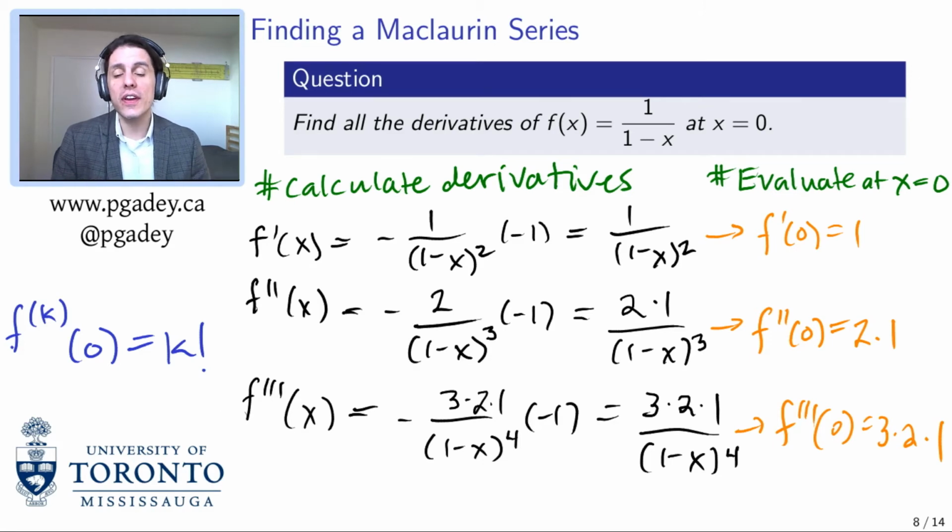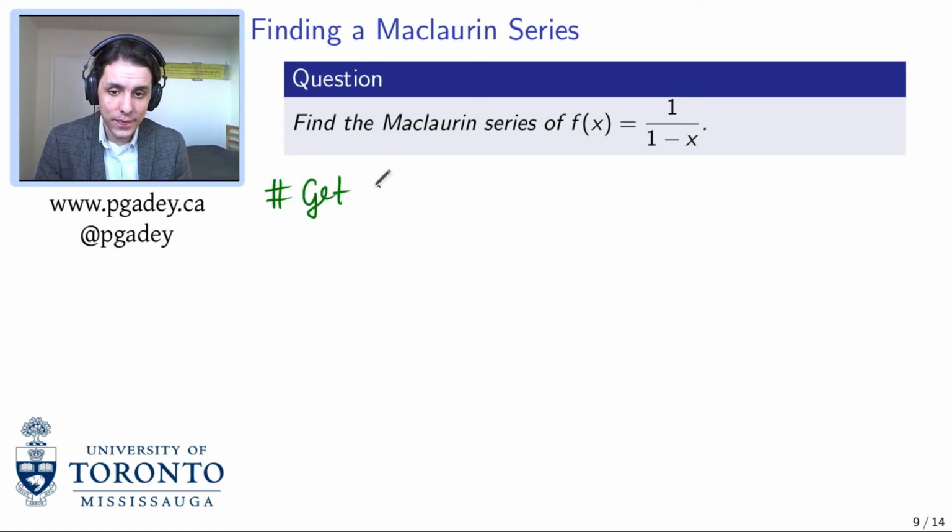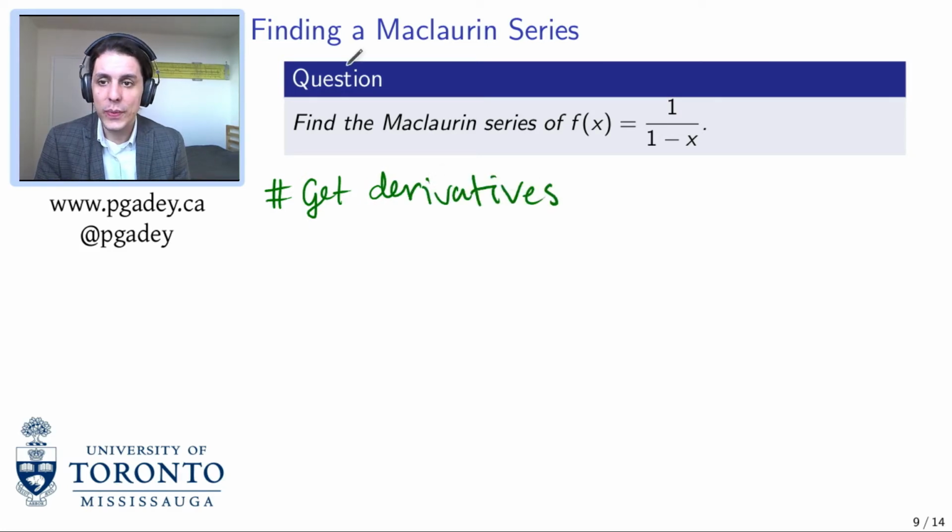Okay, so this is going to be very helpful in finding the Maclaurin series because we need the sequence of derivatives. So let's find the Maclaurin series. So we're going to get our derivatives from the last slide. So we notice the pattern that f^(k) at 0 is k factorial.